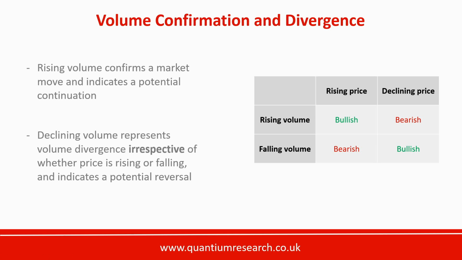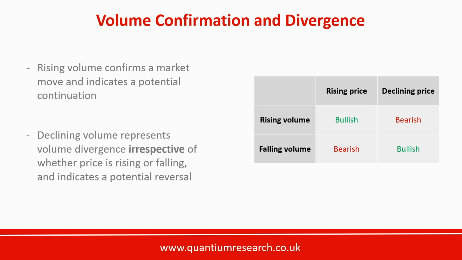Now with declining price and falling volume, which is this bottom area, the downtrend is losing momentum, and so a reversal is likely, which means it is bullish. You've got to notice that rising volume can be both bullish and bearish depending on what the price is doing. Therefore, volume doesn't give a bullish or bearish indication by itself. It has to be considered in the context of price action.